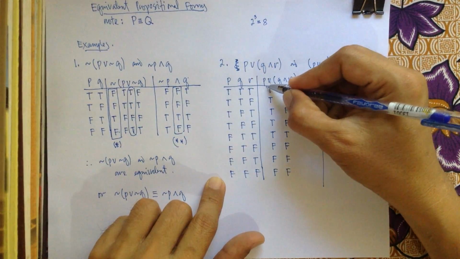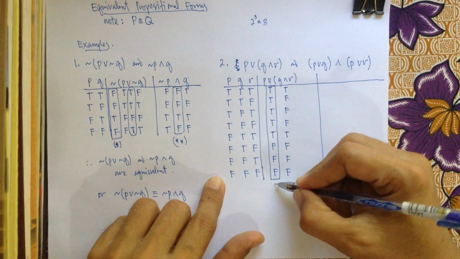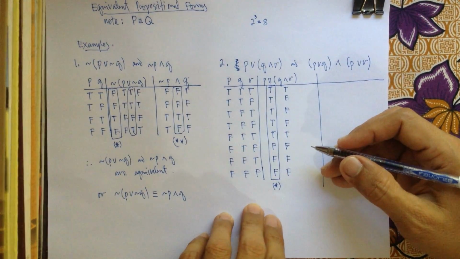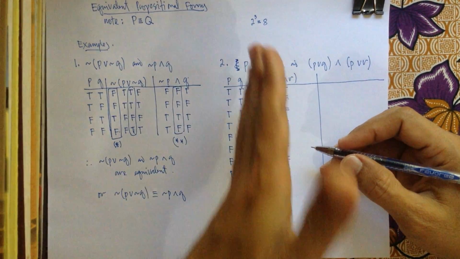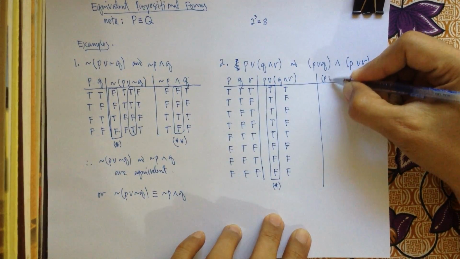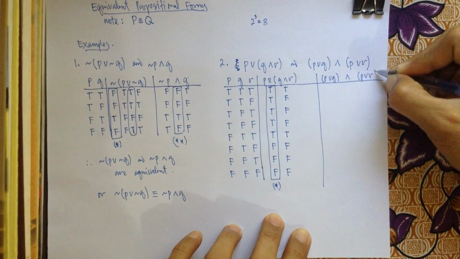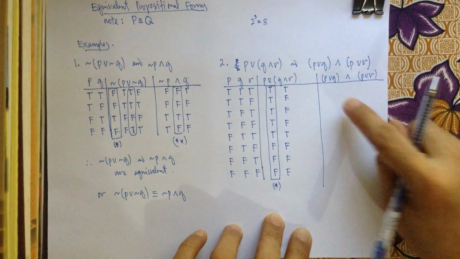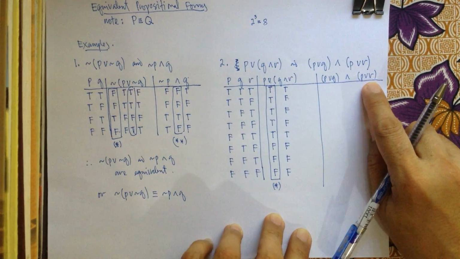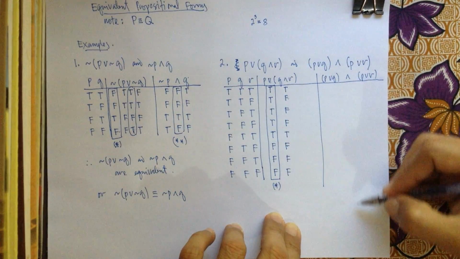Let's mark this with an asterisk as our final column, or the truth table for the first statement. Now for the second statement, we have P or Q and P or R. First, we find the truth value for P or Q and the truth value for P or R. Then this will serve as our final column here.